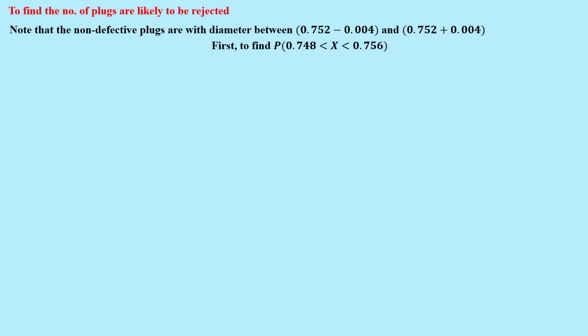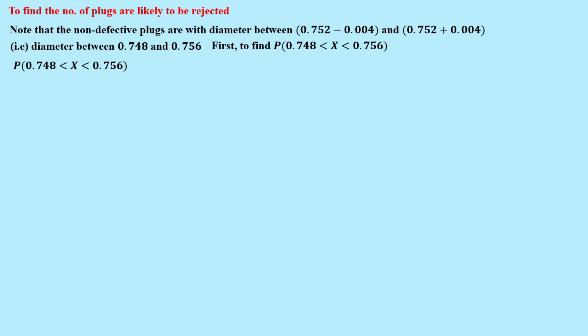So we need to find the probability of 0.752 minus 0.004, that is 0.748, less than x less than 0.752 plus 0.004, that is 0.756. The diameter between 0.748 and 0.756.